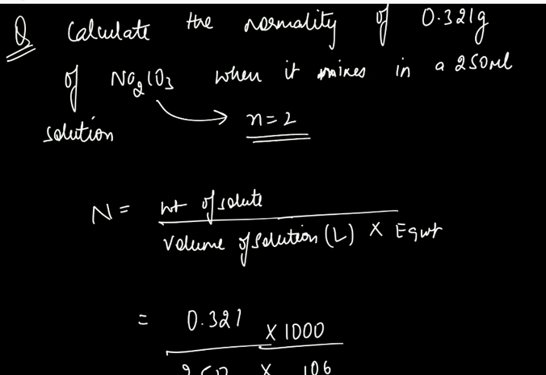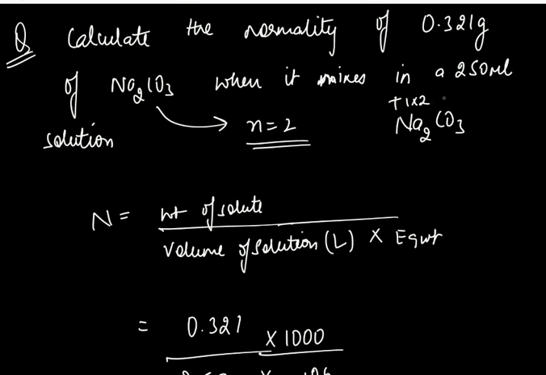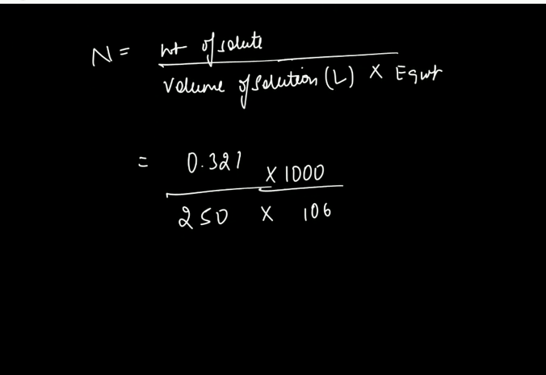Why? Because it has two sodium ions. For salts also, it's the total cationic and anionic charge: plus 1 into 2, and minus 2, so 2 is the n factor, so divided by 2. After solving, you can take some time to solve it, it will be 0.024 normal.